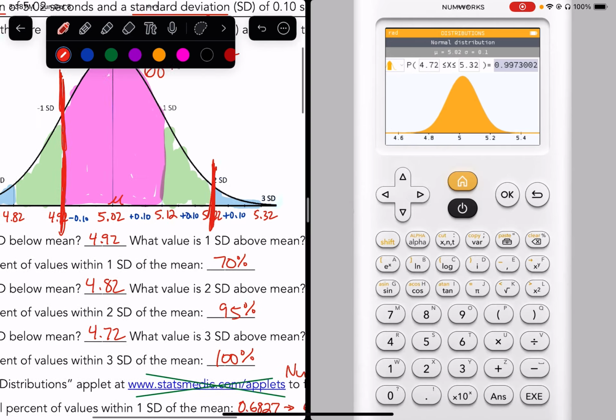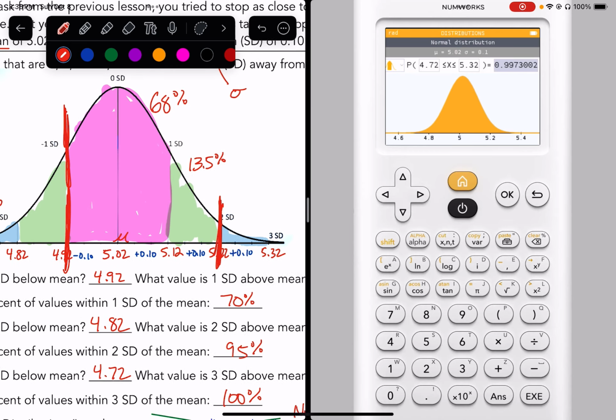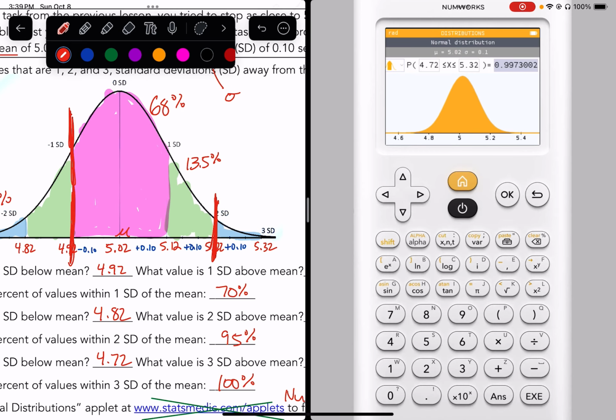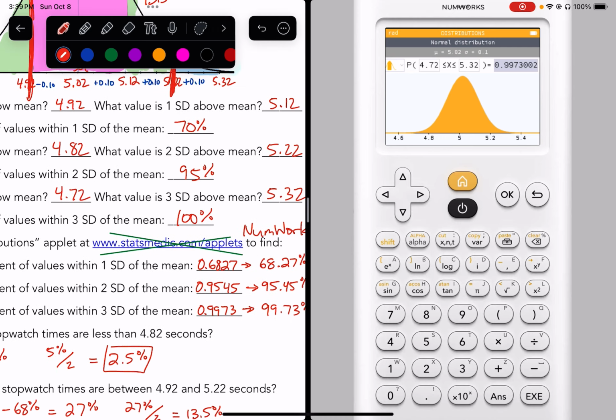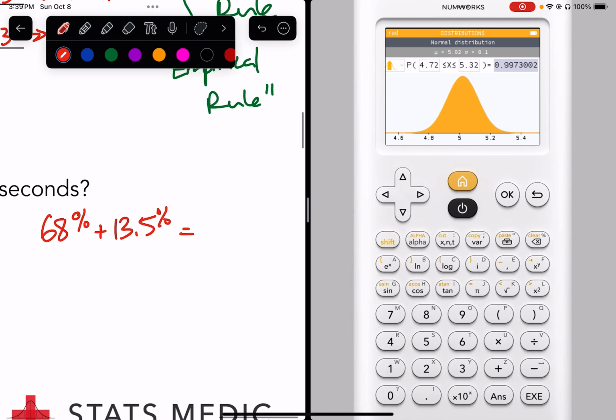So one of these green wedges is 13.5%. All of the pink is 68 plus that 13.5 from the green. So 68% plus 13.5% is a total of 81.5%.